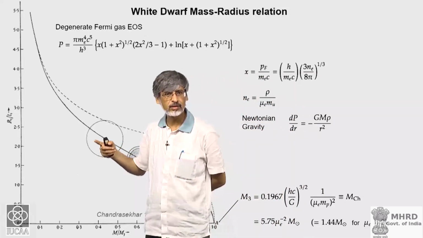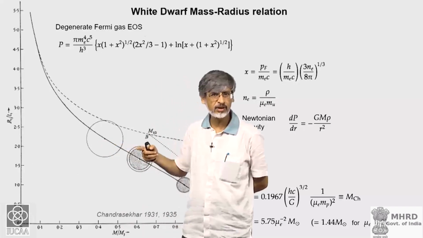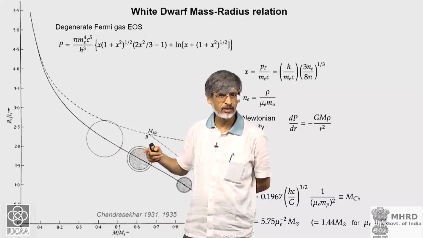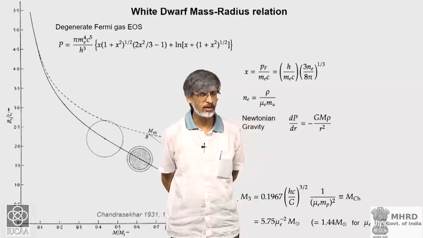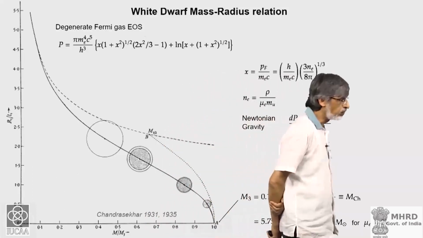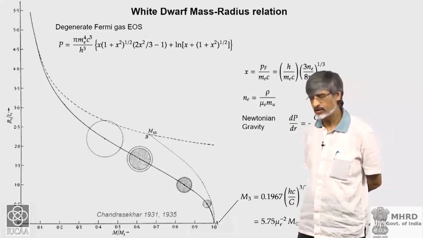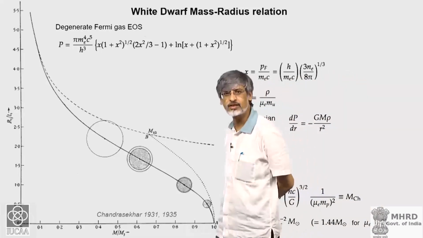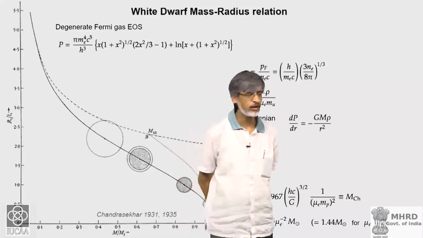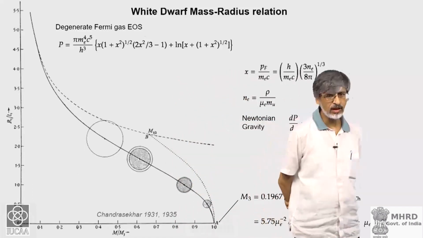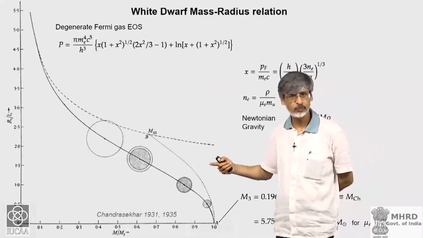And what Chandrasekhar draws in these diagrams, in shaded portion, are the portion of the white dwarf where the material is relativistic, that is, Fermi energy is larger than the rest energy of the electrons.